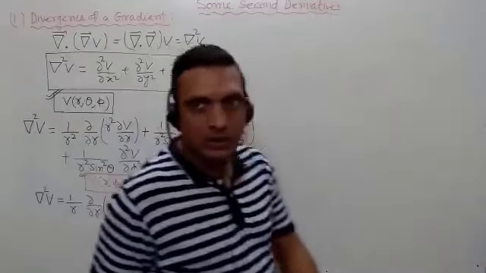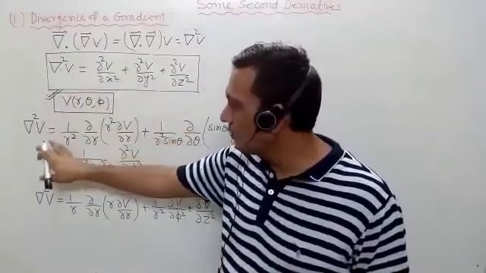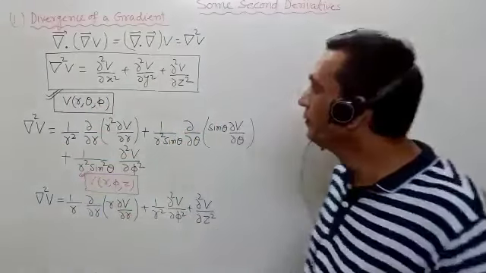So this is del square V in Cartesian coordinates, in spherical polar coordinates and in cylindrical coordinates.